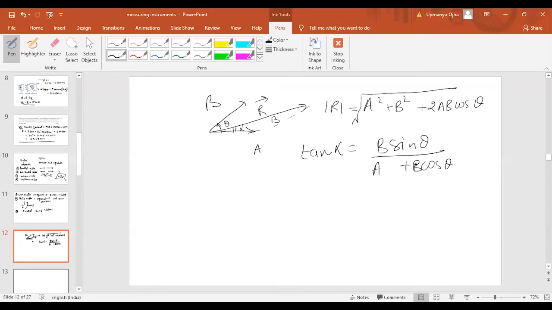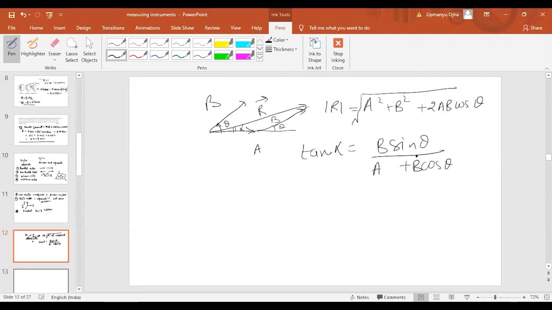The proof is also there, but you can find it easily. This angle is theta. If you can remember the formula, then there is no problem.